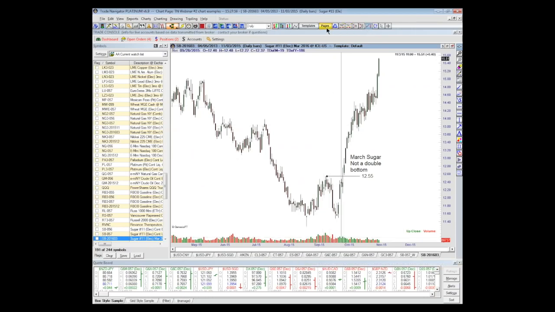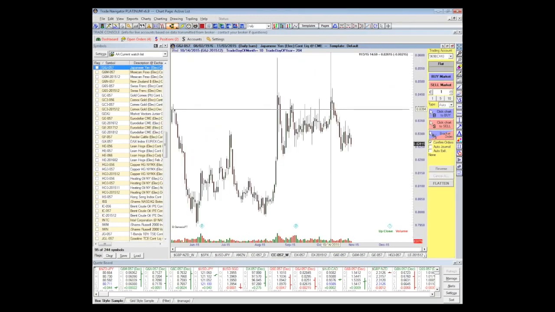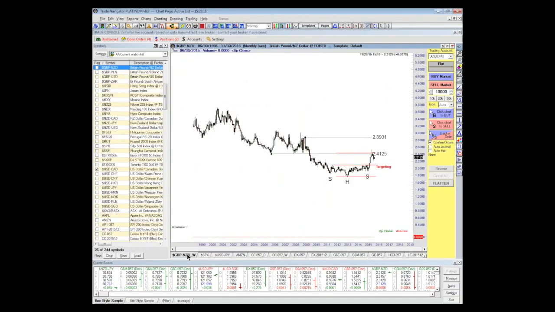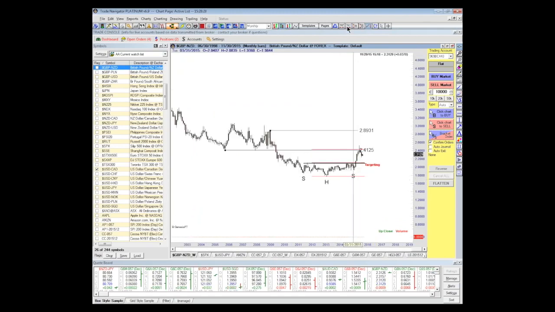Okay, now I'm going to take you to the active list, and this is the list that came out of our short list over this last weekend. These are markets really that Factor is looking most closely at this week. I'm going to start out with a market that we're interested in. It's kind of on our watch list, but you can see, and this is the British pound New Zealand dollar, but you can see that we had a massive Head and Shoulders bottom on the monthly chart.